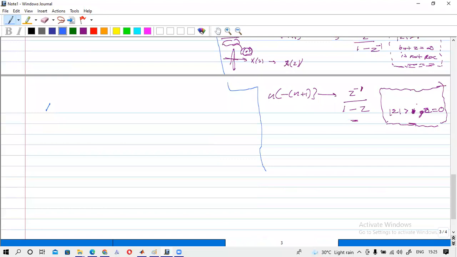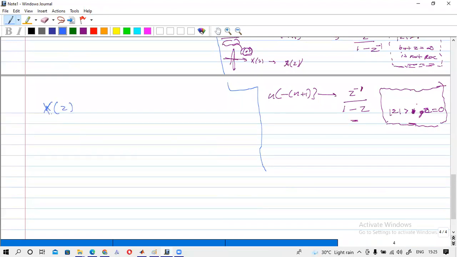So we have found X(z). Now we can find Y(z). Using the convolution property, you can just multiply them.